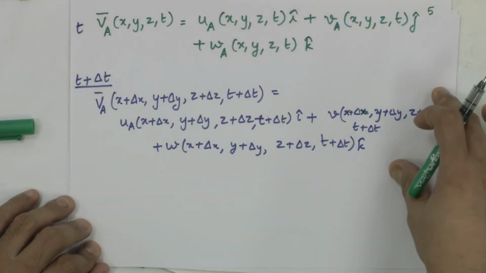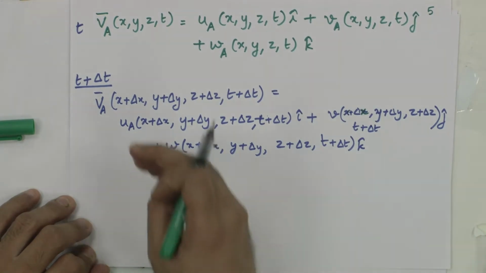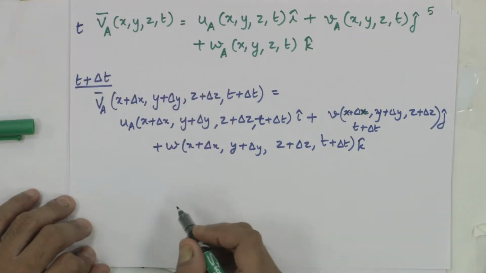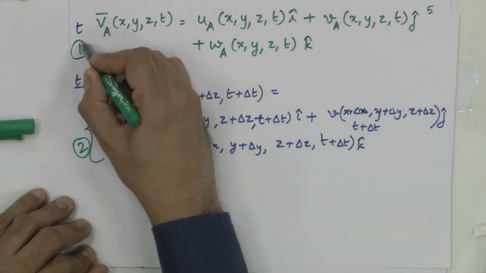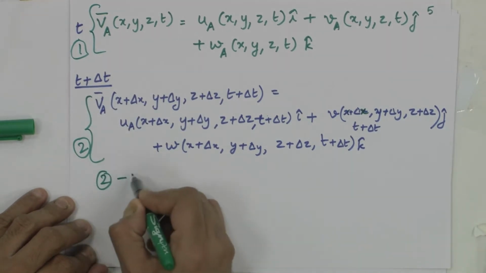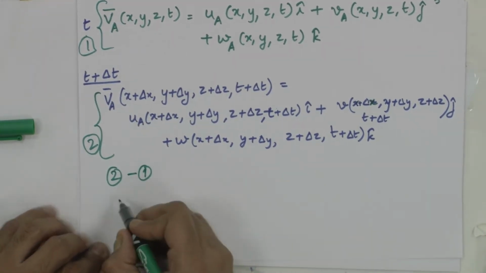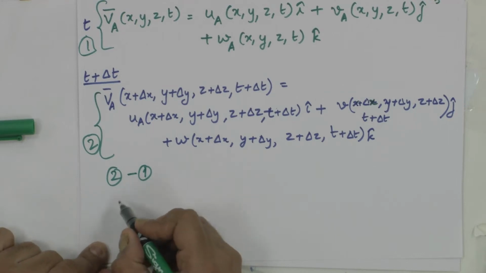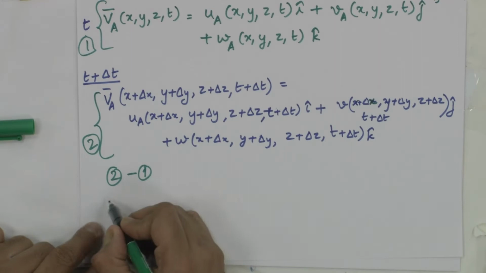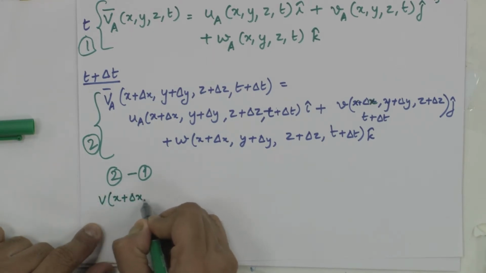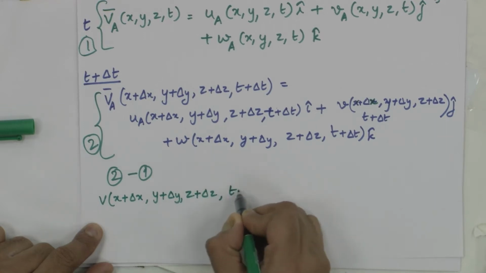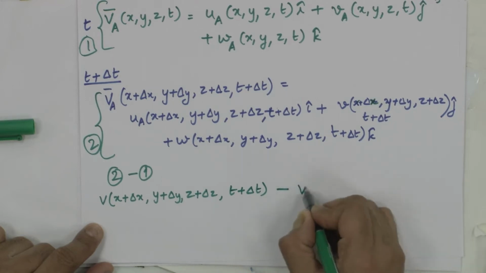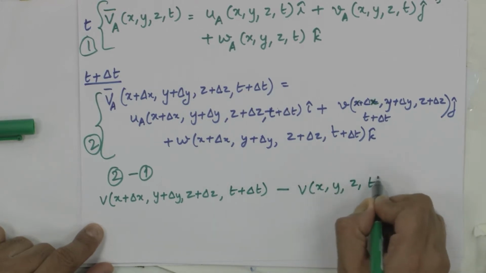Now, if I subtract equation 1, which is velocity at time t, from equation 2, which is written in purple and is velocity at time t plus delta t, I would get 2 minus 1, which is nothing but v at x plus delta x, y plus delta y, z plus delta z, t plus delta t, minus v at x, y, z and t.